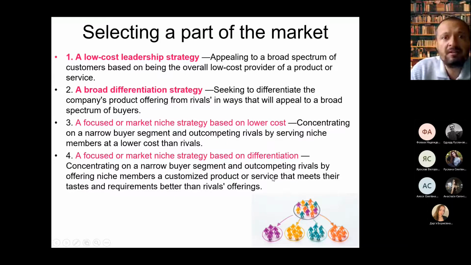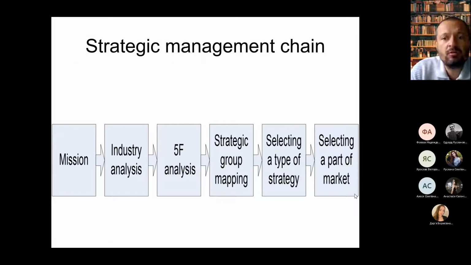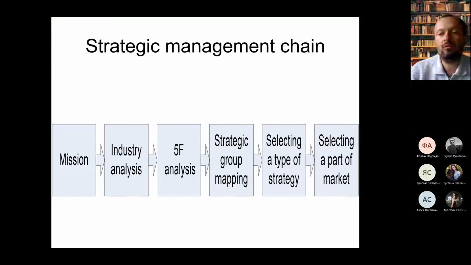And actually, this is the short description of the course. And finally, at this very picture, you can see the strategic management chain from mission to selecting part of the market and selecting type of the strategy. This is your tasks.